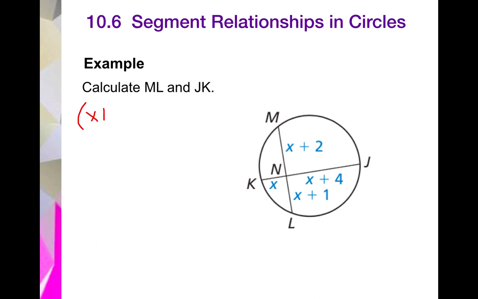So x plus 2 times x plus 1 is equal to, on the other chord, x and x plus 4. So that's going to be x and x plus 4. There's one equation and one unknown, so you should be able to do this problem and algebraically come up with the solution. You can work on that now.